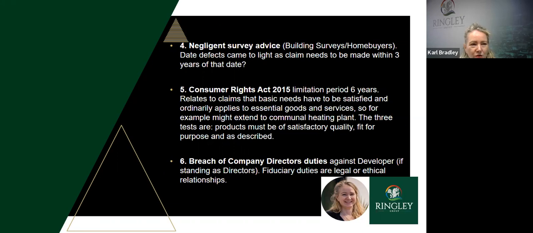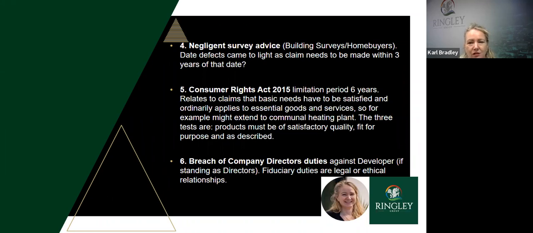The challenge here, of course, is that the survey would only relate to your home, your property, not the common parts. And most of the problems that the industry is reacting to at the moment are indeed the compartmentation, which relates to the wall, the ceiling, and the fire doors in the communal area, and the fire doors that connect your flat to the communal area.